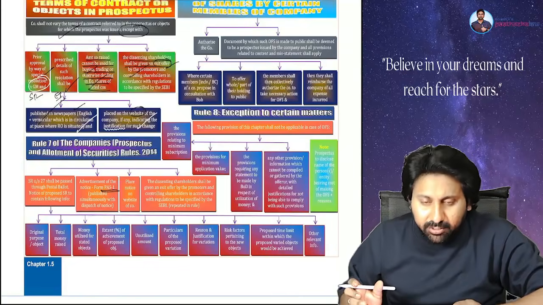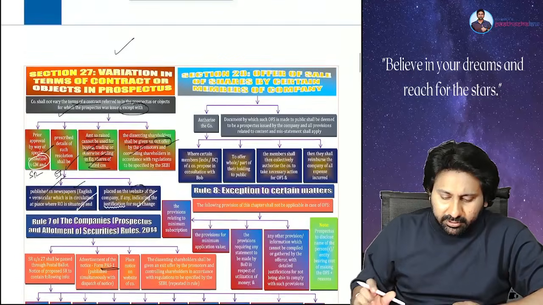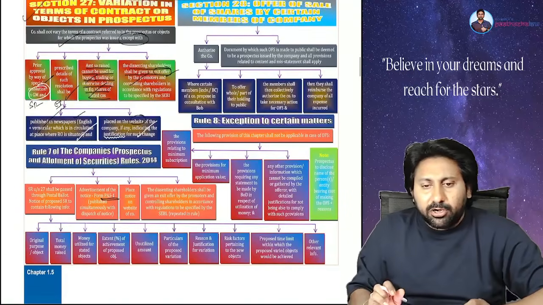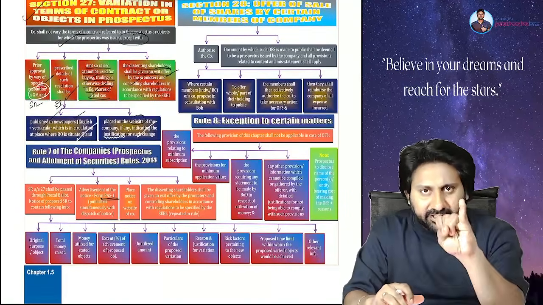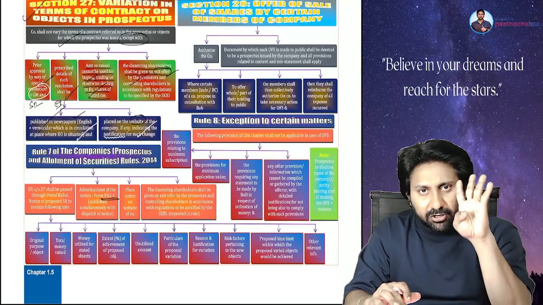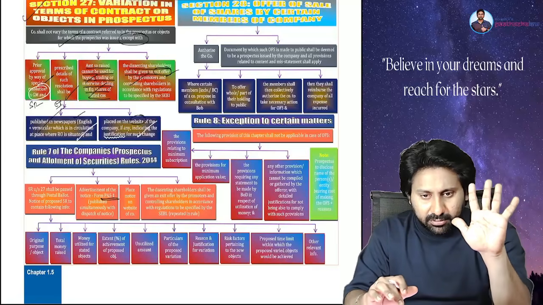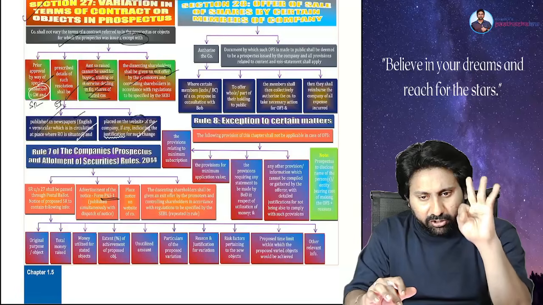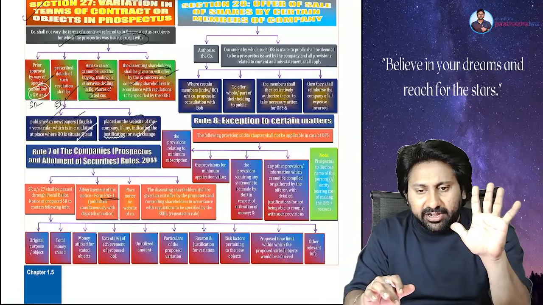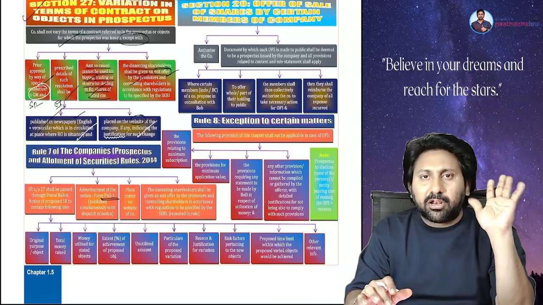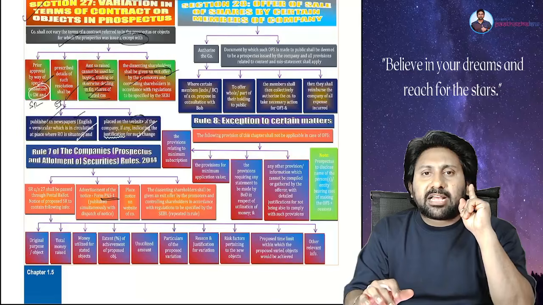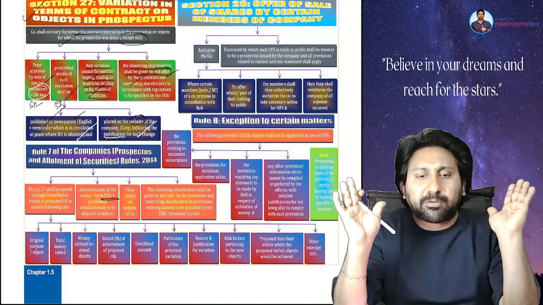Everyone understood? This is all governed by section number 27. So 23, 24, 25, 27, 28. These are the things we completed till now. And everyone in the class, please answer. Did you all understand the concept up to here?